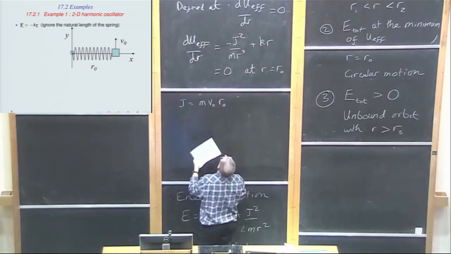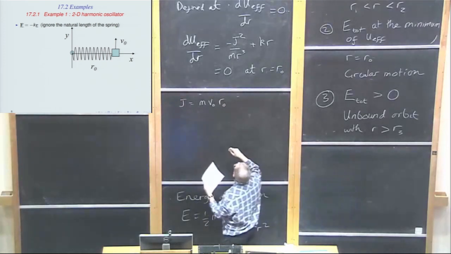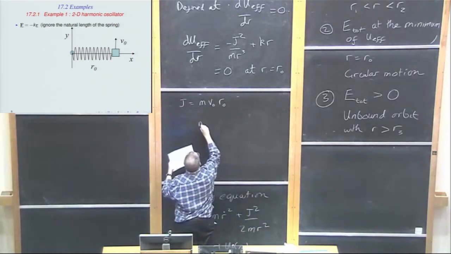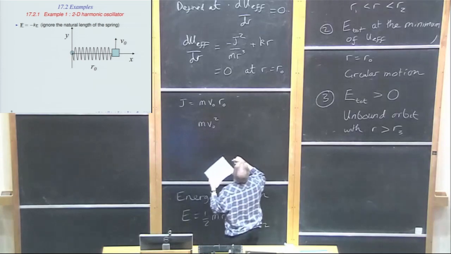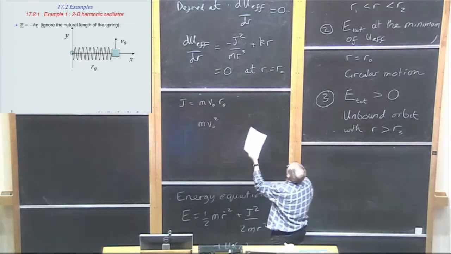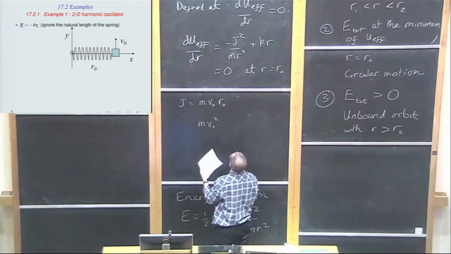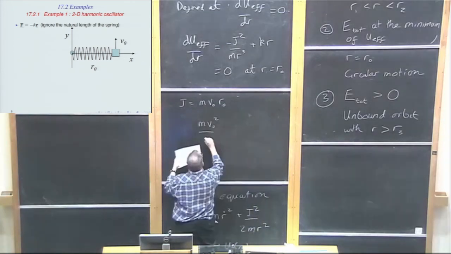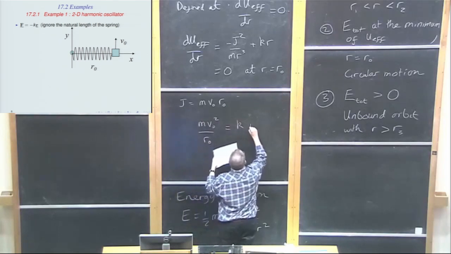So if we substitute this in, what do we get? We get m v0 squared. You get an r0 squared on the top, but you have r cubed on the bottom, so that gives you m v0 squared over r0 equals k r0.